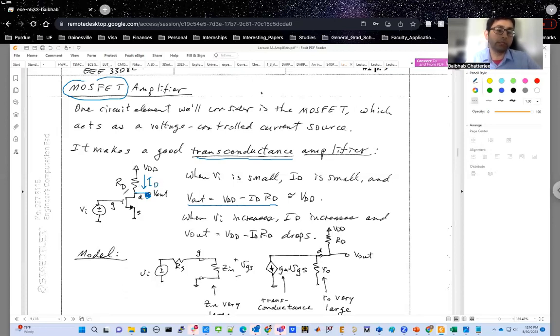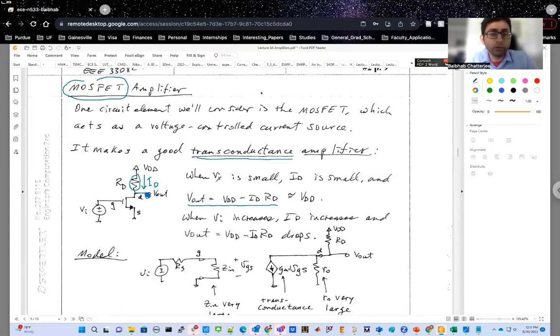That's why the subscript D. And again, we'll get to what gate, source, and drain mean for a MOSFET in one of our later lectures. For now, just try to solve this very simple KVL: your output voltage is VDD minus ID times RD, because ID times RD is the voltage drop across this resistance, and VDD minus that voltage drop gives you the voltage at this point, which is your output.